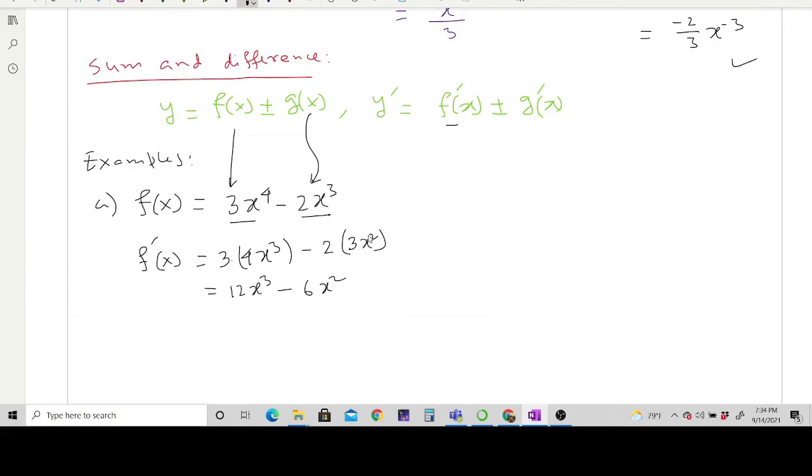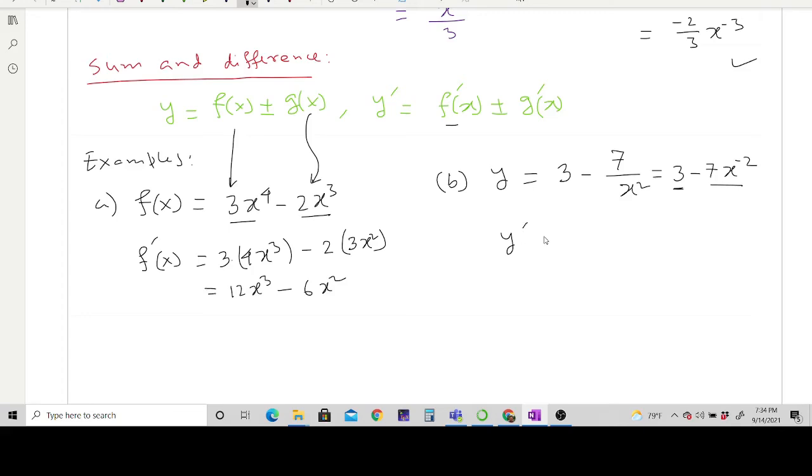Okay, then second example B, y equals 3 minus 7 over x squared. Again we can simplify this function: 3 minus 7 times x to the negative 2. The first function is a constant function, the second one is constant times a function.